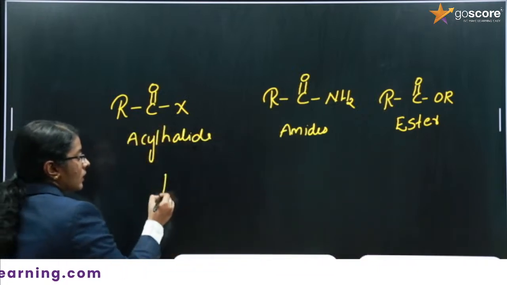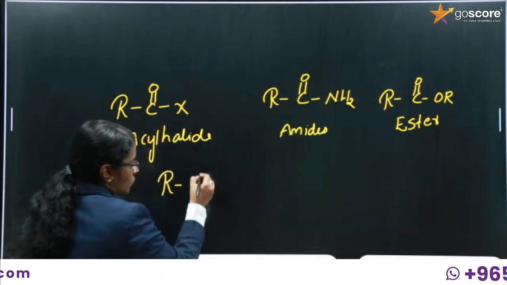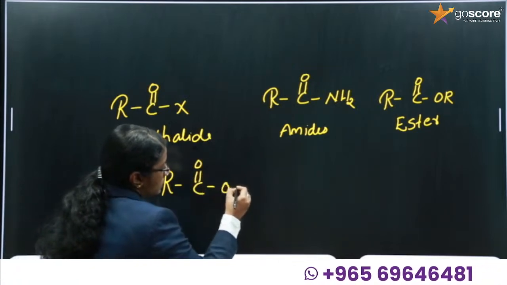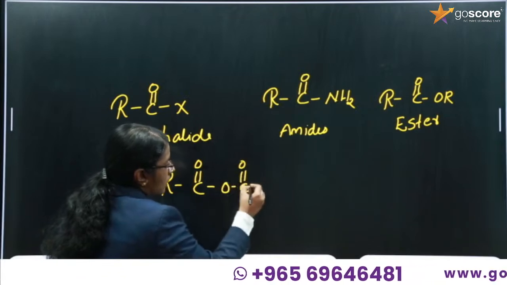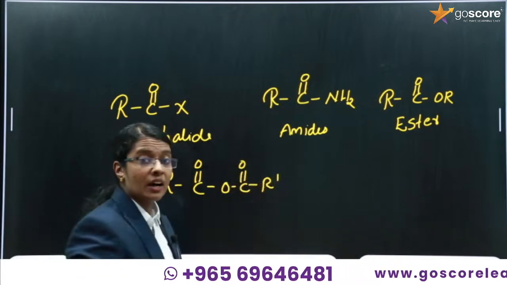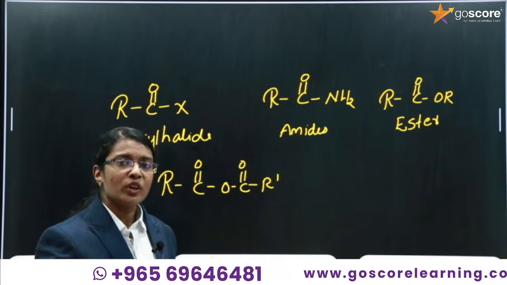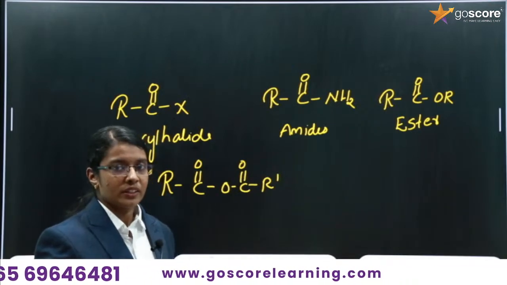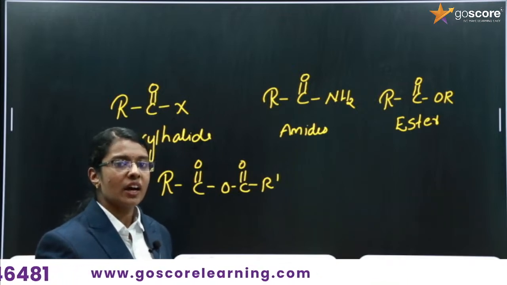If the carbonyl group is attached to C double bond O R', this is acid anhydride. What do you mean by anhydride? There is no water content in that compound. How will you prepare acid anhydride?